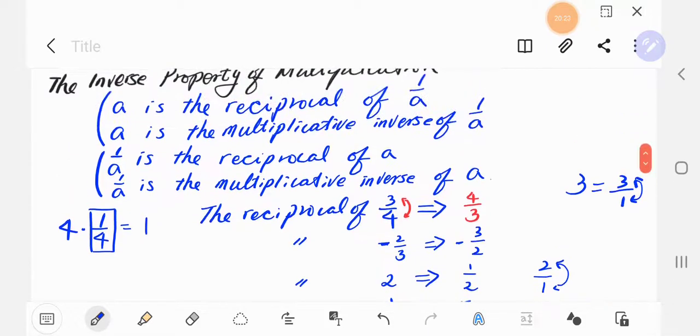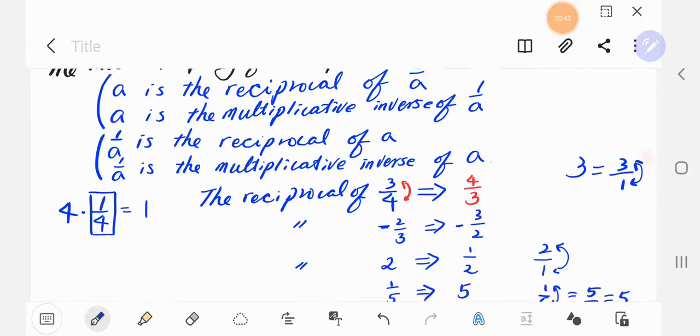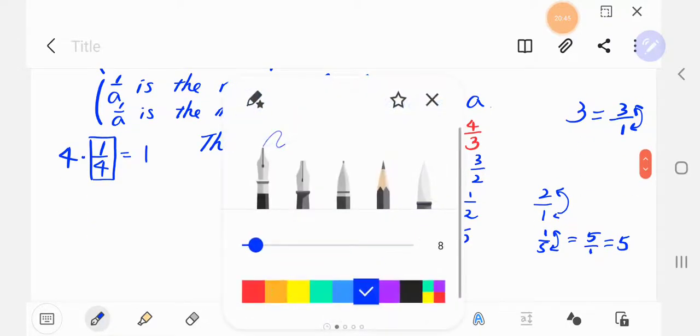Okay, so the reciprocal of 1 over a will be just a, because you are interchanging the numerator and denominator. Another name for the reciprocal is multiplicative inverse. The multiplicative inverse means switch the numerator and denominator. So the definition is this.